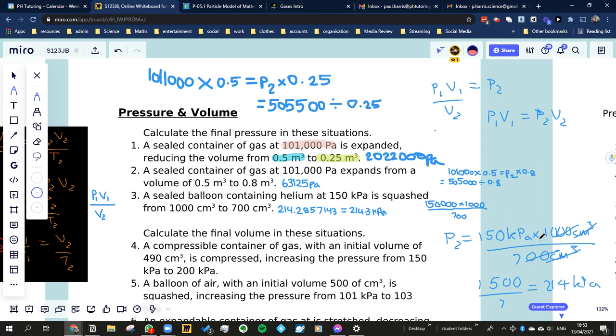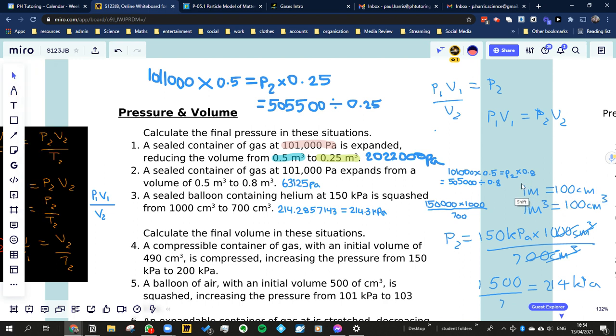If we do need the volume in meters cubed, then there's a problem, because we know that 1 meter equals 100 centimeters, and so we might think that 1 meter cubed is equal to 100 centimeters cubed, but it isn't.